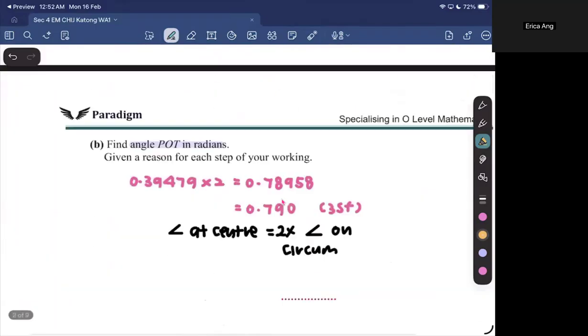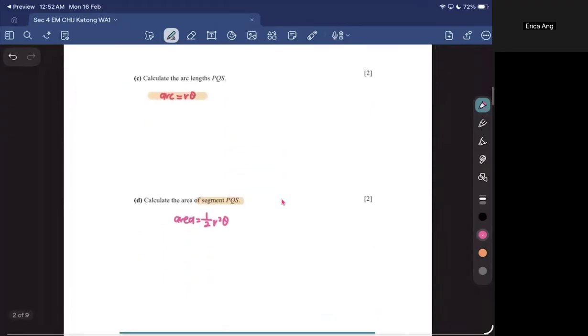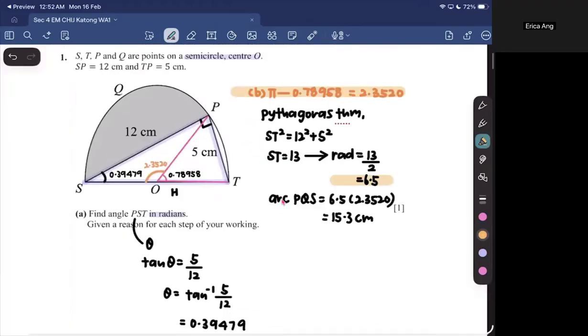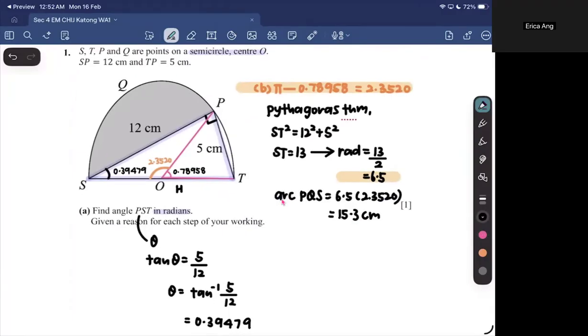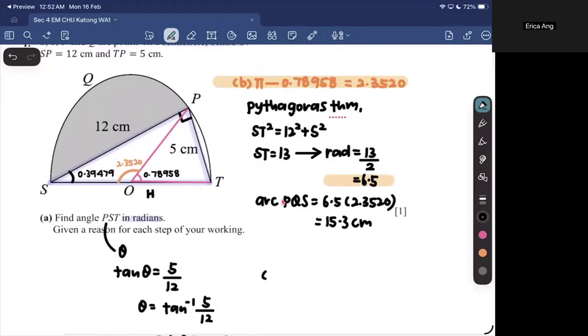What you need to remember is area in your formula sheet will be half r square theta. So that's the formula, r theta or half r square theta. Formula first. I want the shaded one.